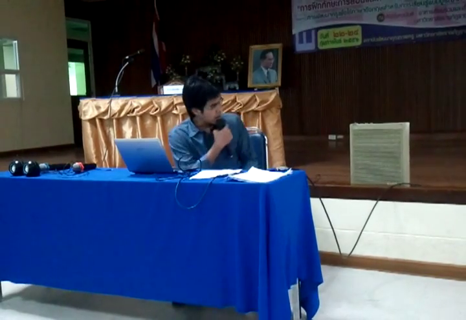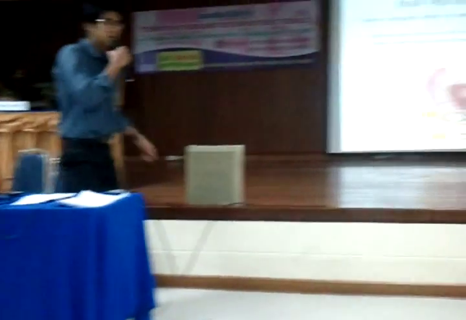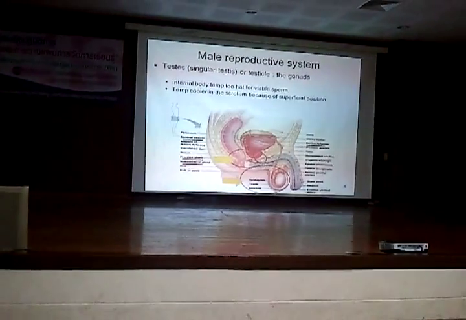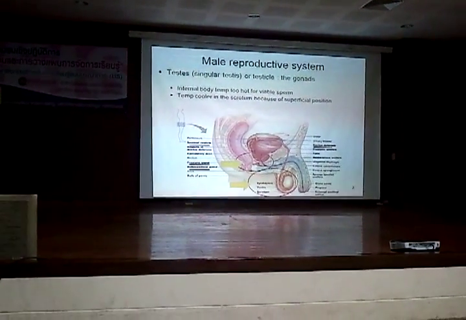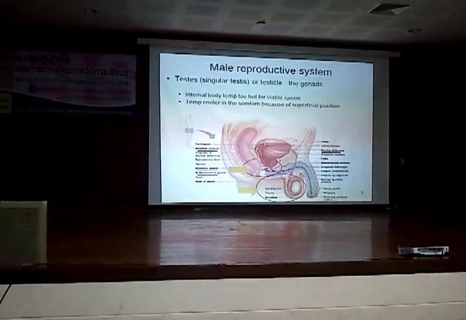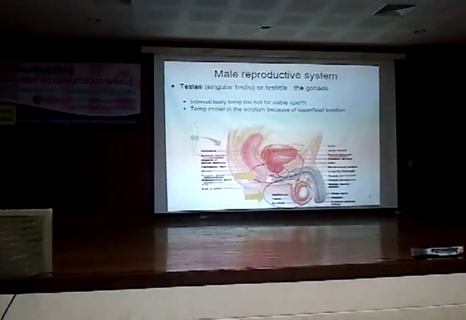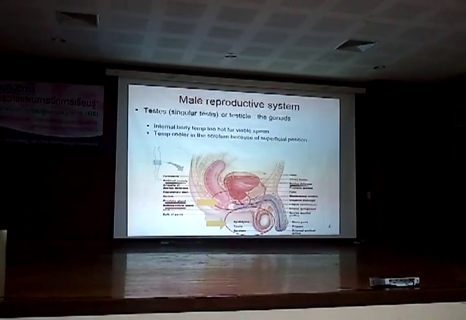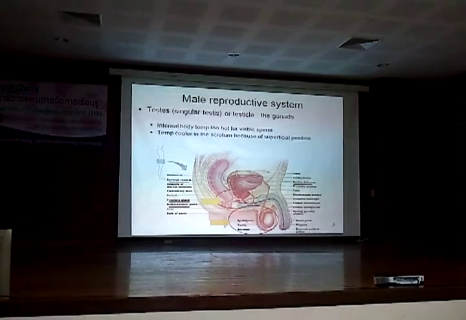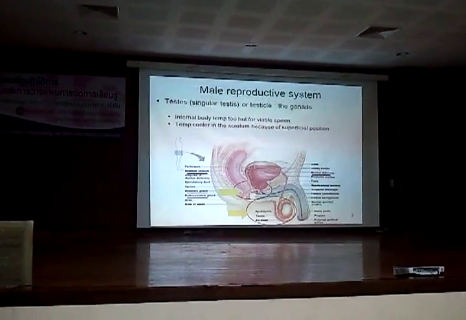Start with the male reproductive system. A lot of detail, right? But please notice the words above the red line, the red circle, and the yellow arrow. They are very important organs. Don't be worried, I have the video. You will understand it well after watching the video.